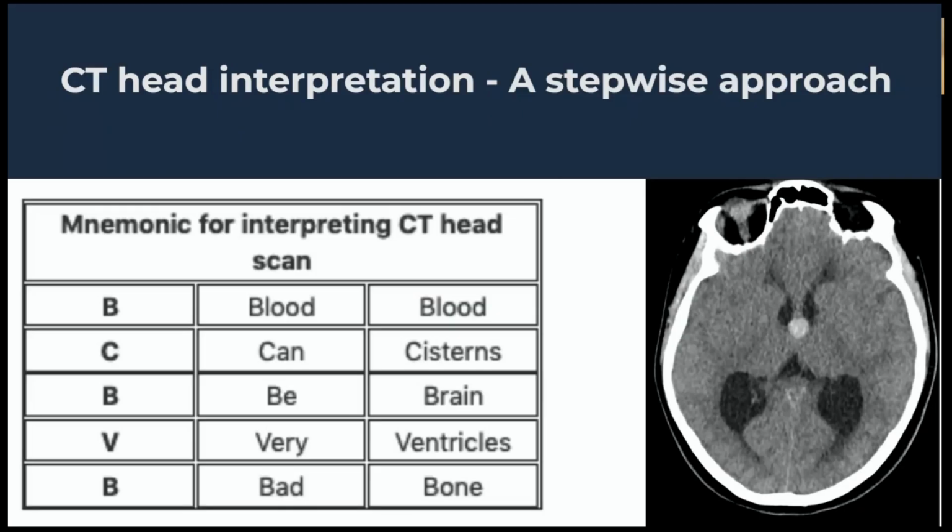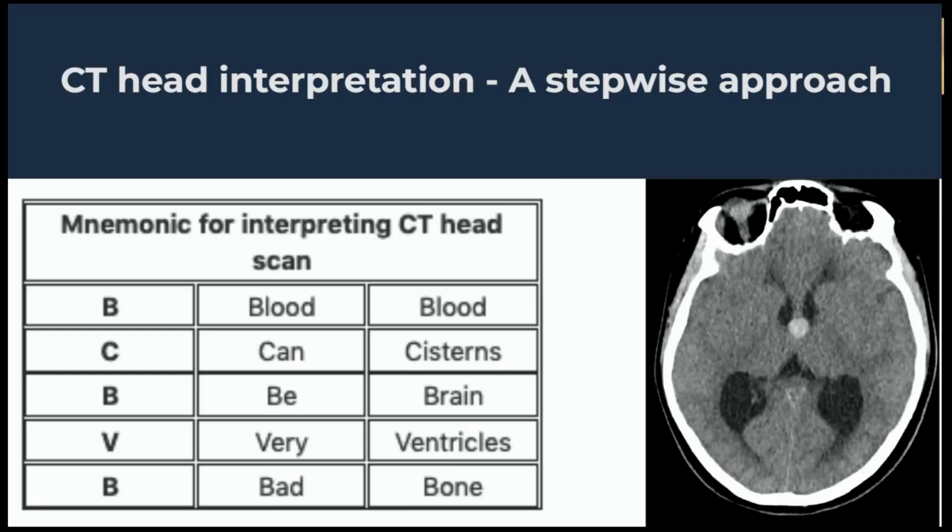So I think there's a few ways you can go about interpreting a CT head. Maybe at our stage, having something like this mnemonic is probably quite helpful. You look at the blood first, so see if you can identify any blood in the brain.